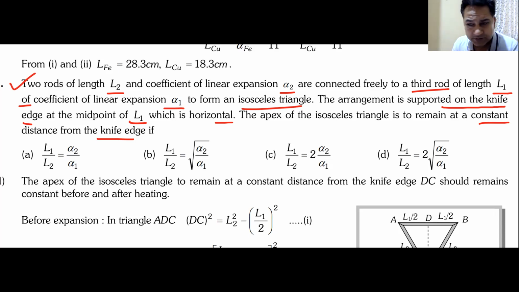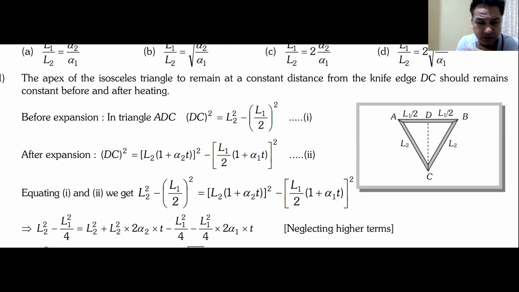So how are you supposed to do this? It's pretty simple. You just need to find out the initial length. You need to find out the final length, and they must be equal because it should not change. Now what they are looking for: from this point D to this point C, the distance DC before heating and after heating must remain the same.